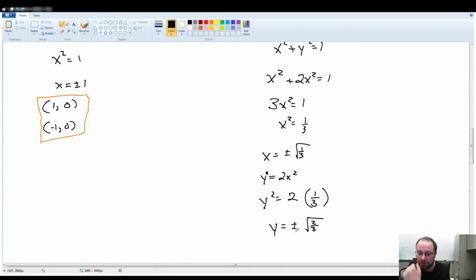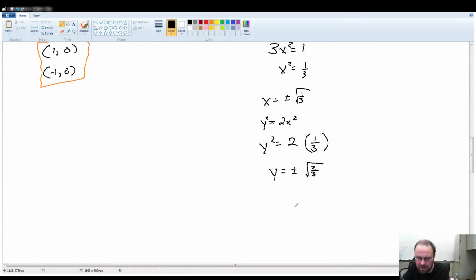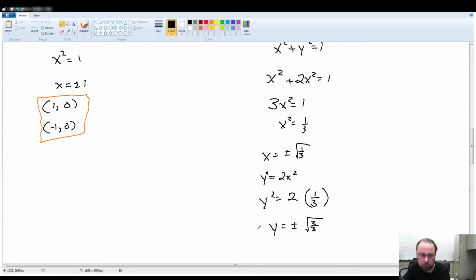Alright, so how many critical points does that give us? Well, it actually gives us 4. Let's list them. X could be positive 1 over square root of 3, and y could independently be negative or positive. So we have the positive version and the negative version.